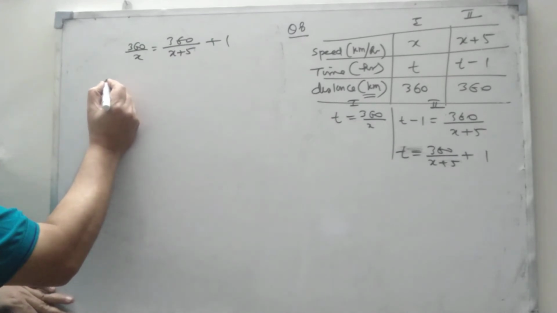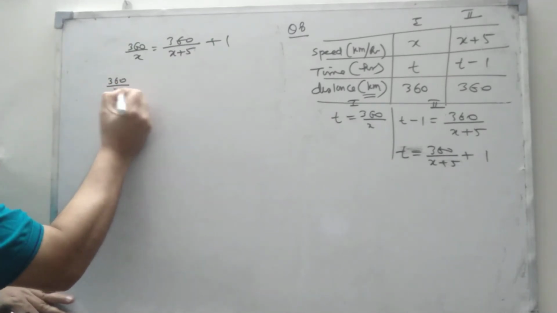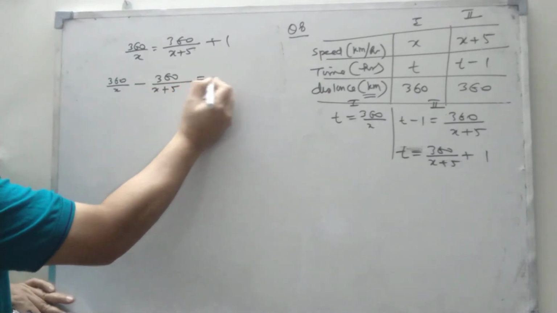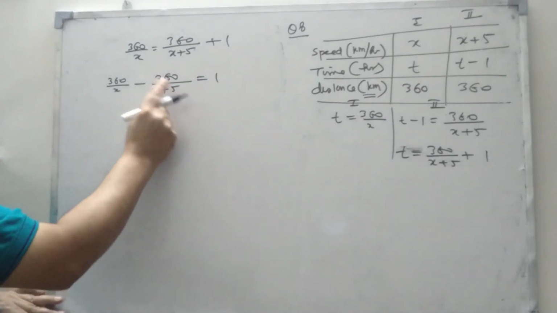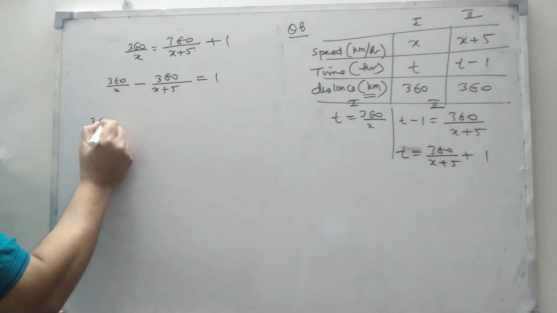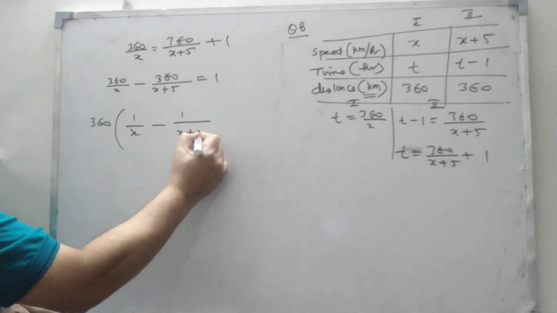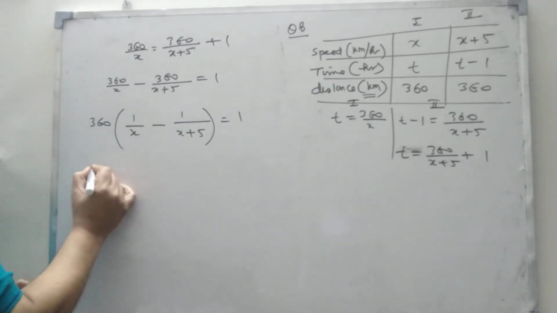Now this becomes algebraic. 360 by x minus 360 by x plus 5 equal to 1. From this you can take 360 common: 1 by x minus 1 by x plus 5 equal to 1.